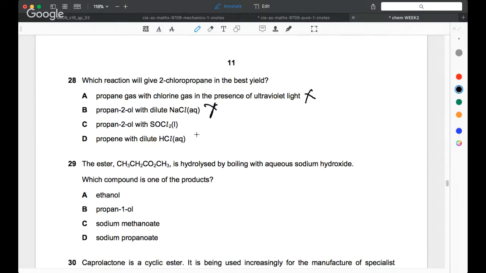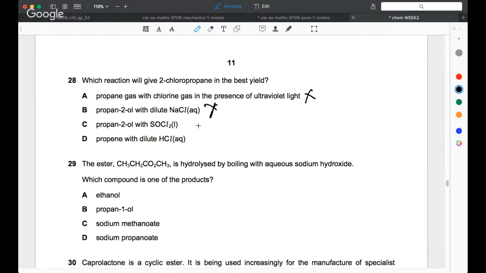So what does this reagent do? This reagent reacts with alcohol. It forms sulfur dioxide, hydrogen chloride, and it would form 2-chloropropane, because there's only one alcohol group.